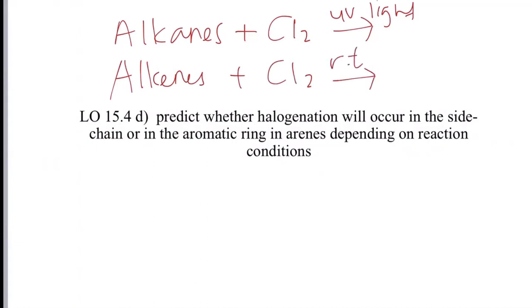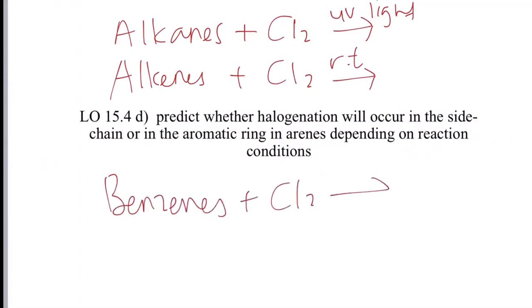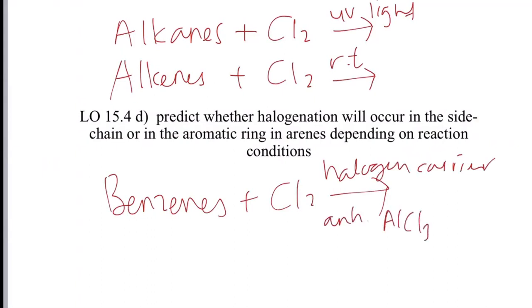Room temperature is fine. Benzene can react with chlorine in the presence of a halogen carrier, which is the catalyst, anhydrous aluminium chloride, as an example. So you can see that these different functional groups can react with chlorine at different conditions.